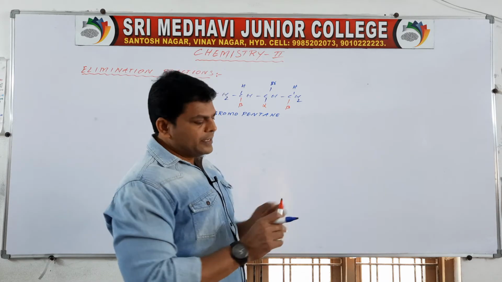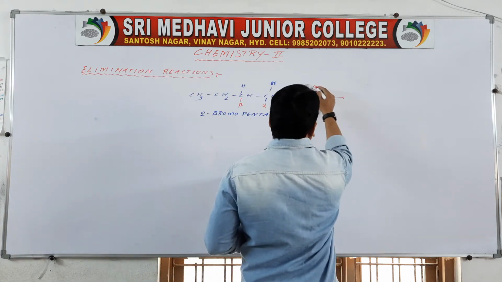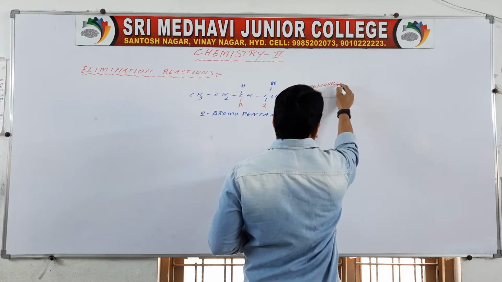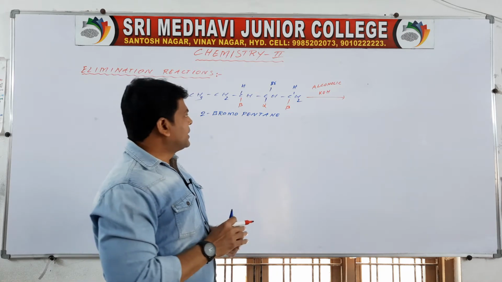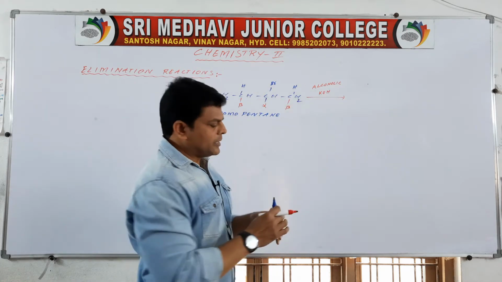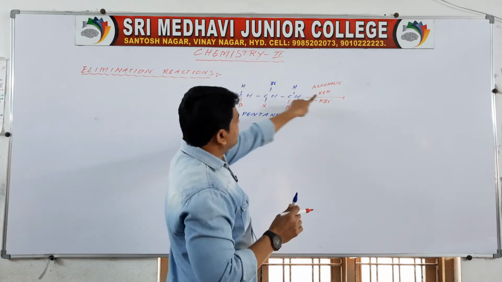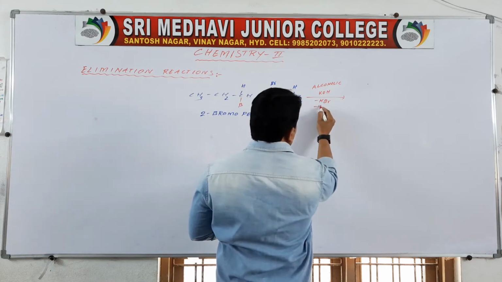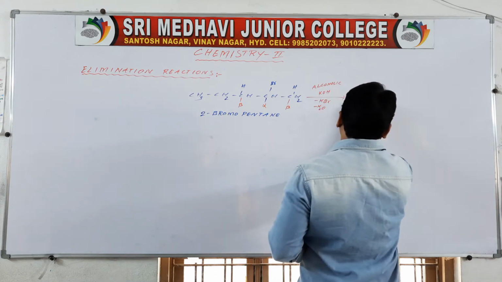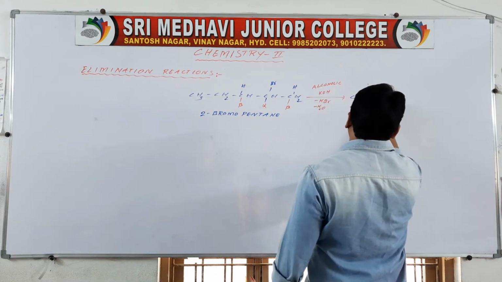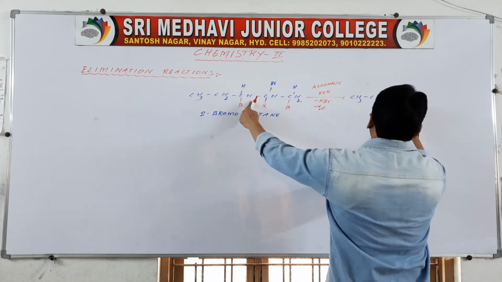Here we are adding alcoholic potassium hydroxide. Then KBr is out, and H2O is out, and the product formed is CH3-CH2-CH2-CH=CH2.